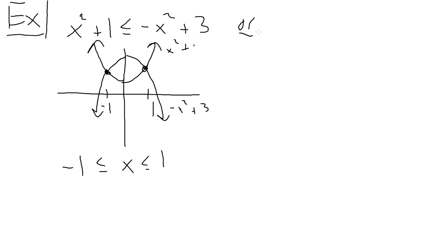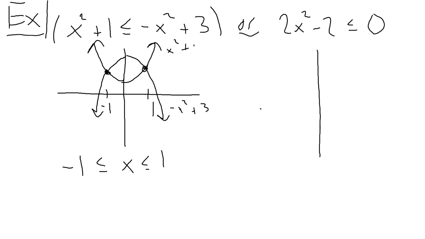And then the other way we can do it is just by simply rearranging this equation that we see at the beginning into something with 0 on the other side. So this one would be 2x squared minus 2 is less than or equal to 0. And then I can also just graph this function, which looks like this. That was a little sloppy.